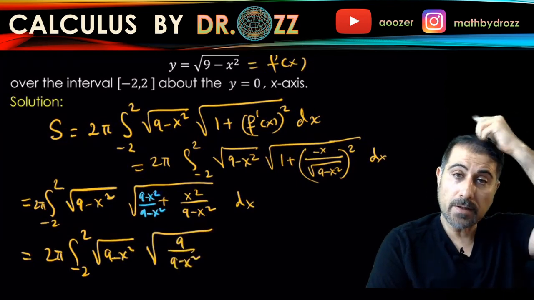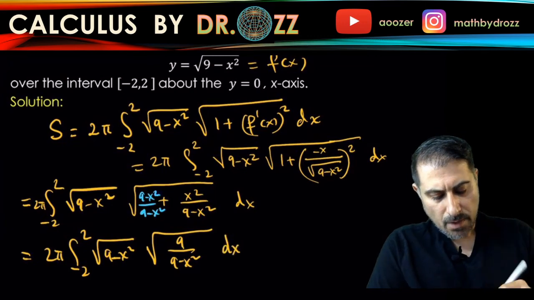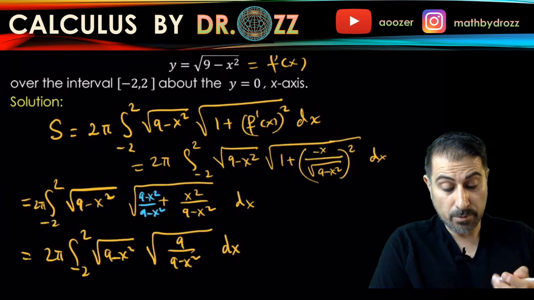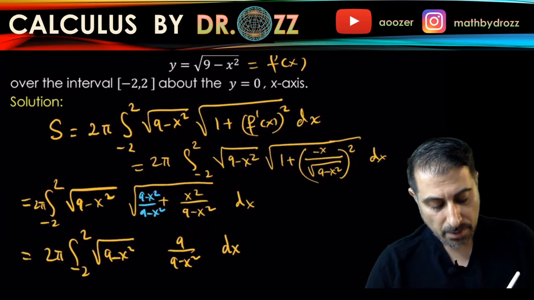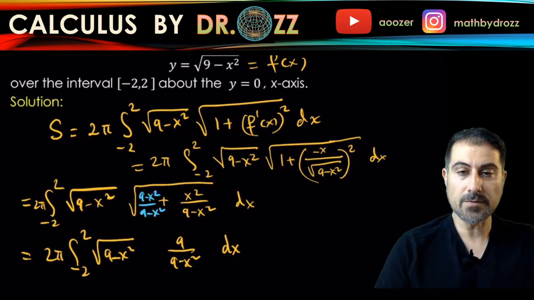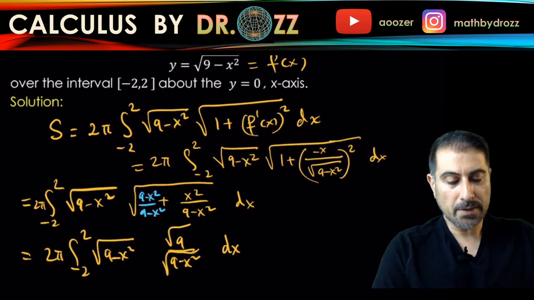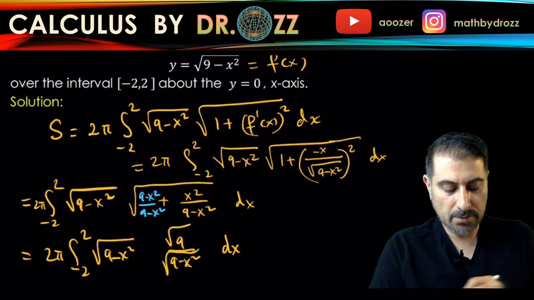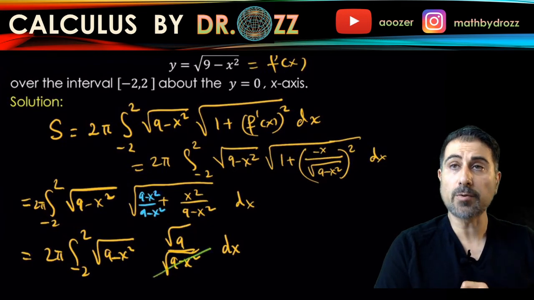All right, so one more simplification to go. Here I can get rid of the radical sign and distribute that through the top and the bottom. So I can write radical of the top, radical of the bottom. This is particularly important because now we can cancel this radical 9 minus x squared by this radical 9 minus x squared. Okay.